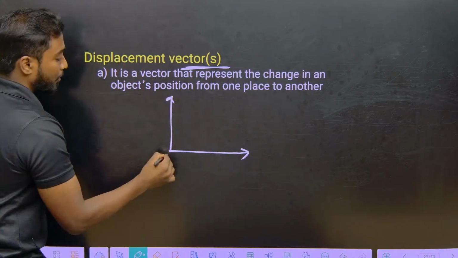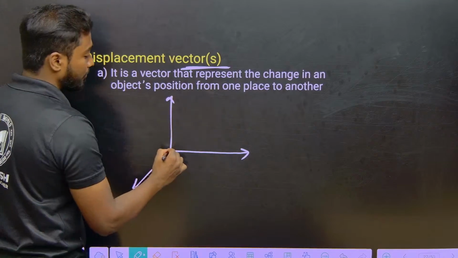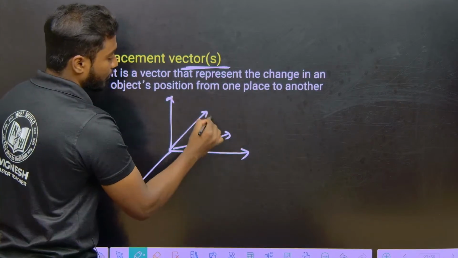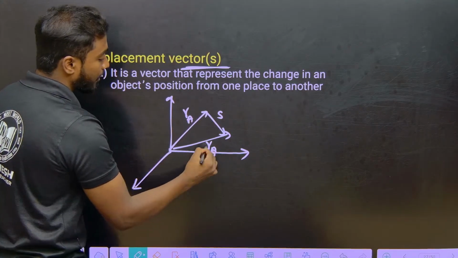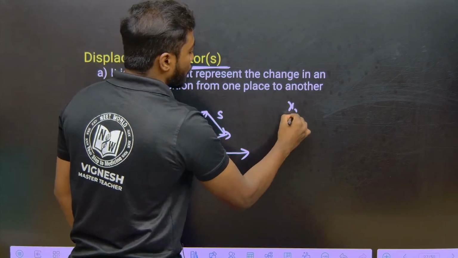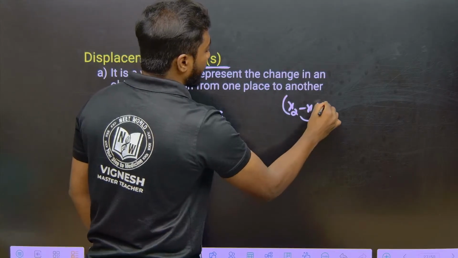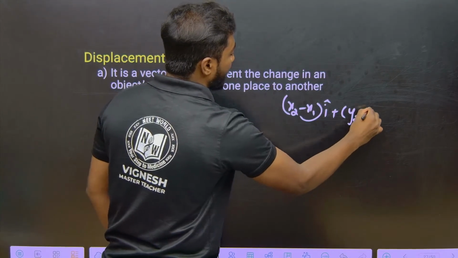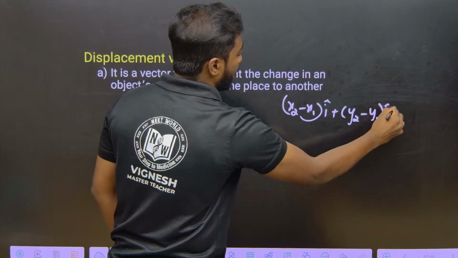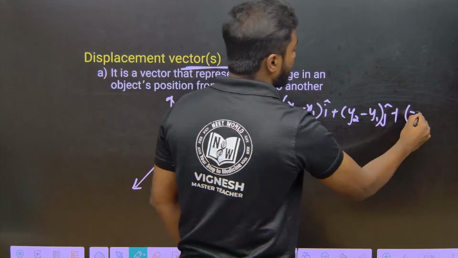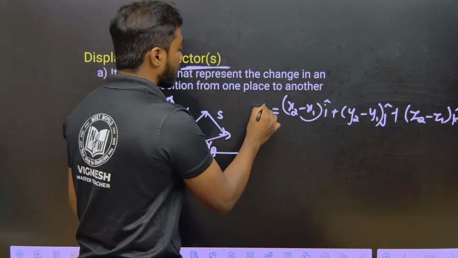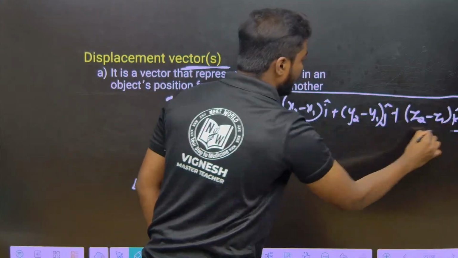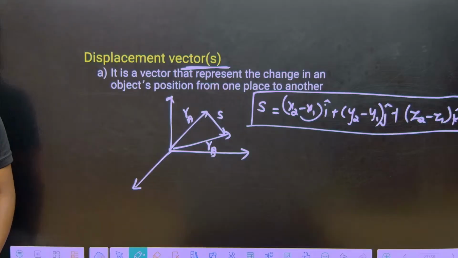This is the formula for the displacement vector: S equals RB minus RA, that is x2 minus x1 i cap plus y2 minus y1 j cap plus z2 minus z1 k cap. This is the displacement vector formula. You can take it.